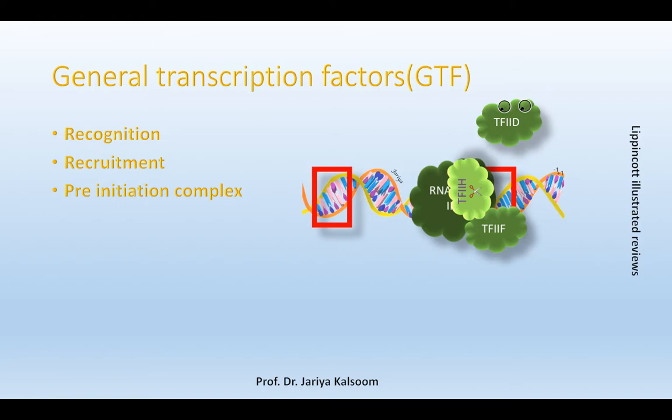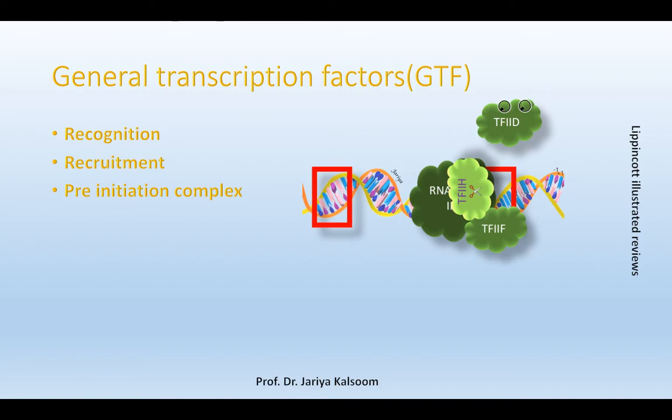In contrast to the prokaryotic RNA polymerase, the eukaryotic RNA polymerase, or RNA polymerase II, does not recognize and bind the promoter by itself. Rather, transcription factor TFIID recognizes the promoter.